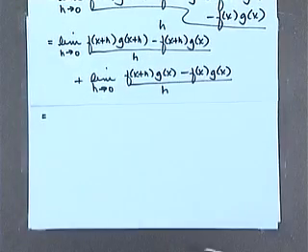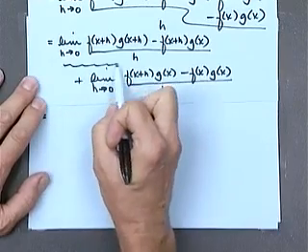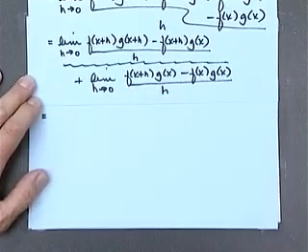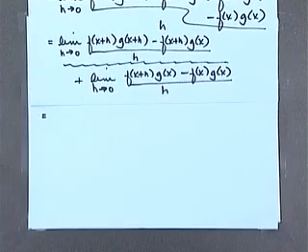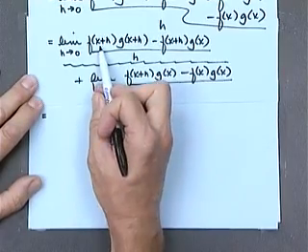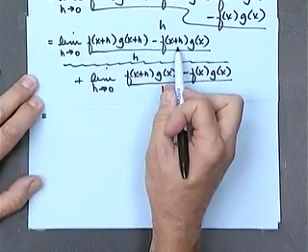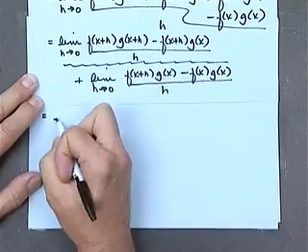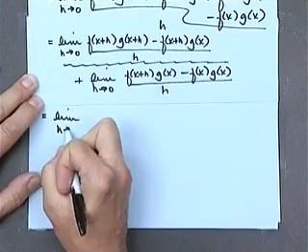Do you see anything in this first one that we could do that would factor something out in front? The two terms in the numerator have f of x plus h. Is that correct? So let's factor that out in front.